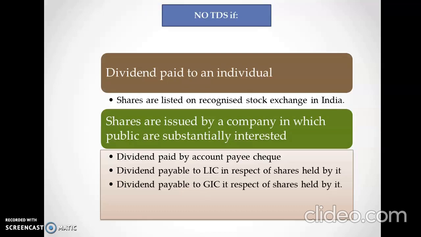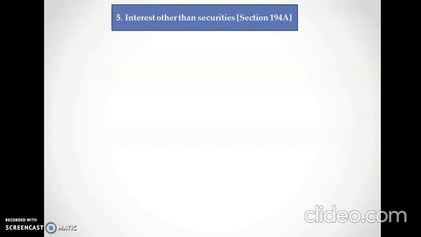Again, no TDS will be deducted if the dividend is paid to an individual, if the shares are listed on a recognized stock exchange, if the shares are issued by a company in which the public are substantially interested, if the dividend is paid by account payee cheque, or if the dividend is payable to LIC or GIC. In these cases, no TDS will be deducted.